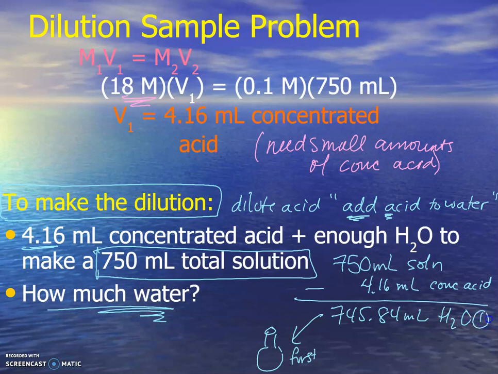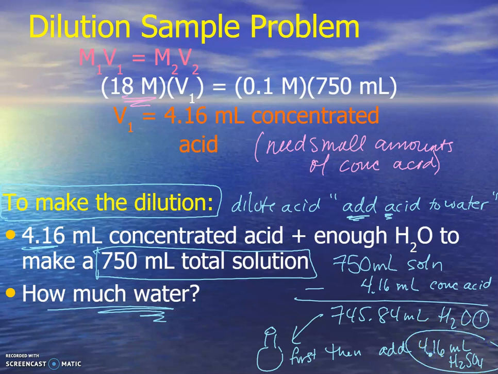The water goes first, then add 4.16 milliliters of acid, which our acid is H2SO4, our sulfuric acid.